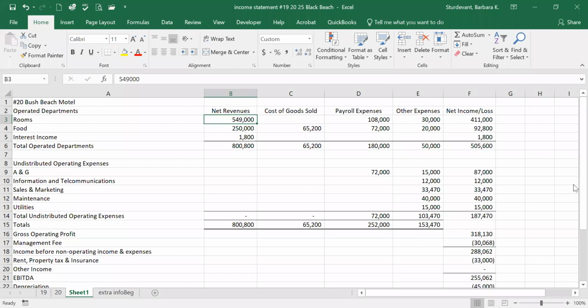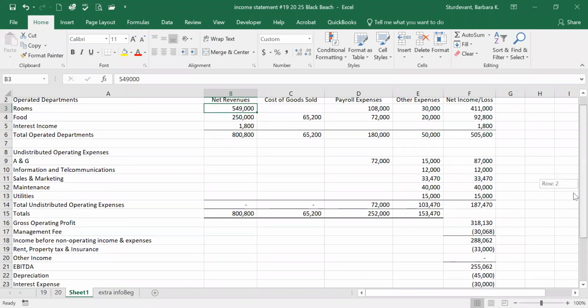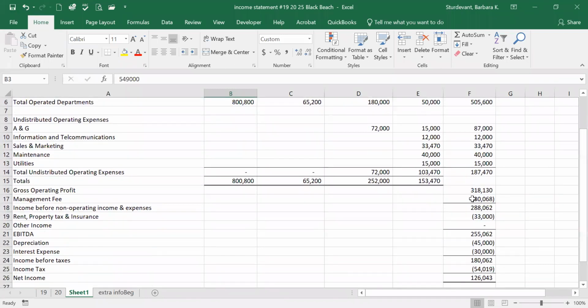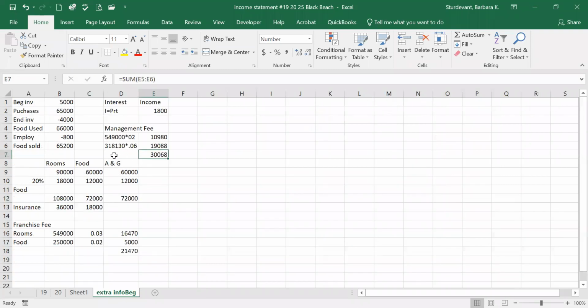It was almost exactly the same. It's just a little bit different. The management fee calculated exactly the same as we did right here, because it was 2% based on room sales, it was 6% based on that gross operating profit. So it was exactly the same because the first 2 sections were exactly the same.